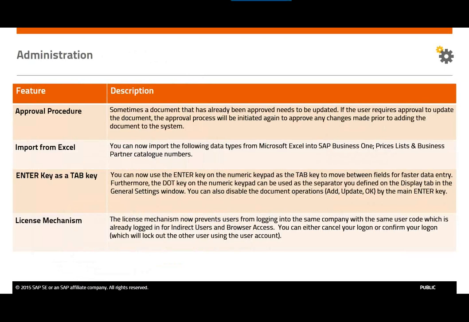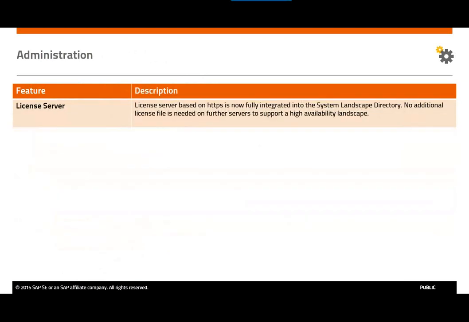So maybe you were using the system on one PC and you've gone across to another one in another part of the office and you want to log on again. So it'll just say, hey, you can either cancel the logon or switch off the logon from that other system. So again, that's a nice, easy way of keeping your system running nice and cleanly.